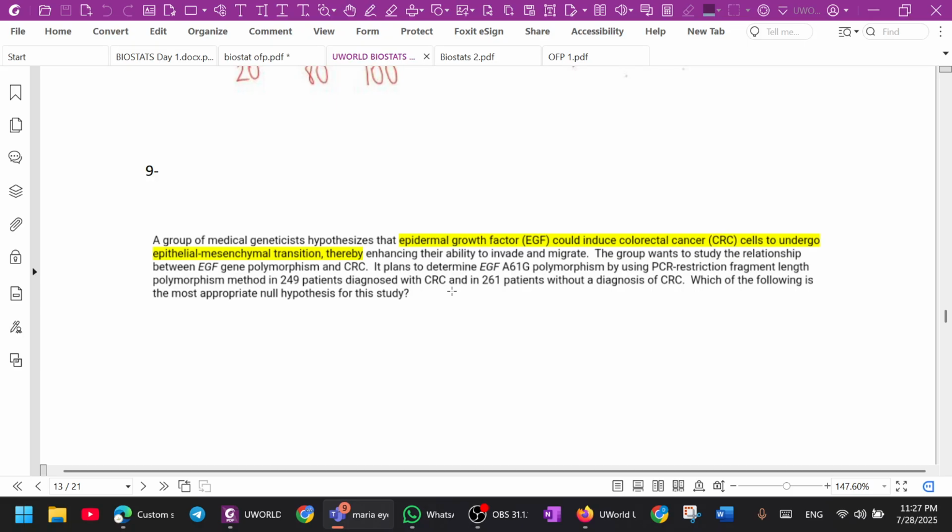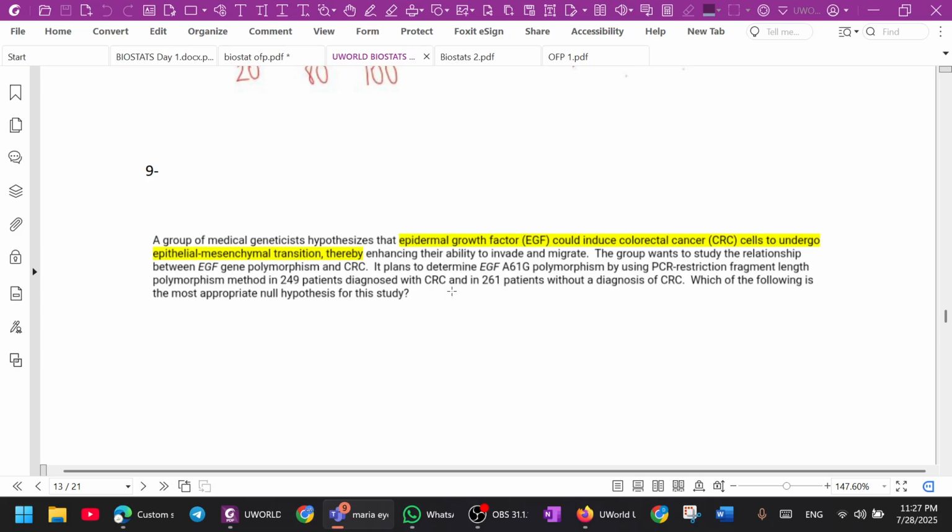So in here there is exposure also, there is outcome also. So which one is first and which one is second? Like how these things should be thought.